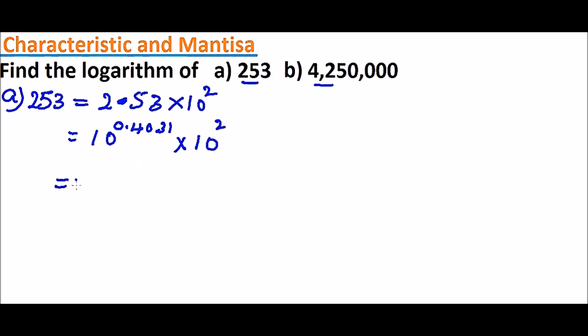The first row of indices allows us to add this. So it is 10 to power 0.4031, you add 2, you get 2.4031, and therefore the logarithm of 253 is equals to 2.4031.